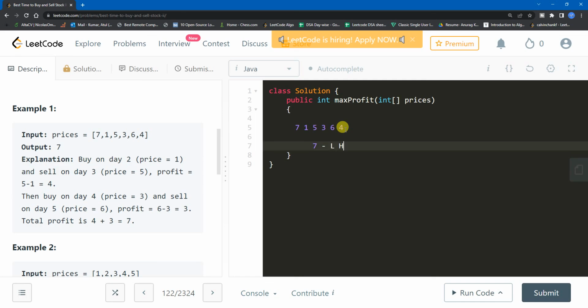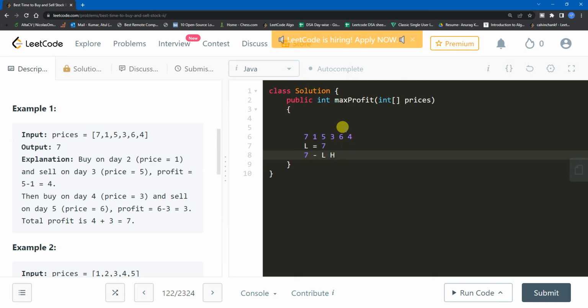For the next day also, where the value is 1, we have two options, either the value is lower or higher. If we are at the first day, we don't know which value is lower or higher, so we just assume the first value as the lower value initially, since we don't know.